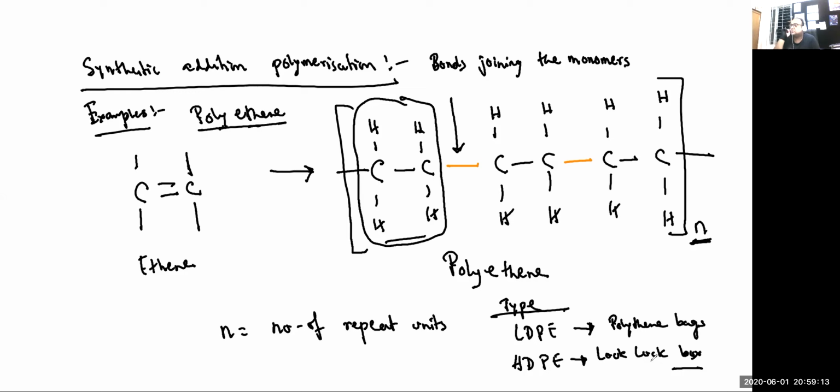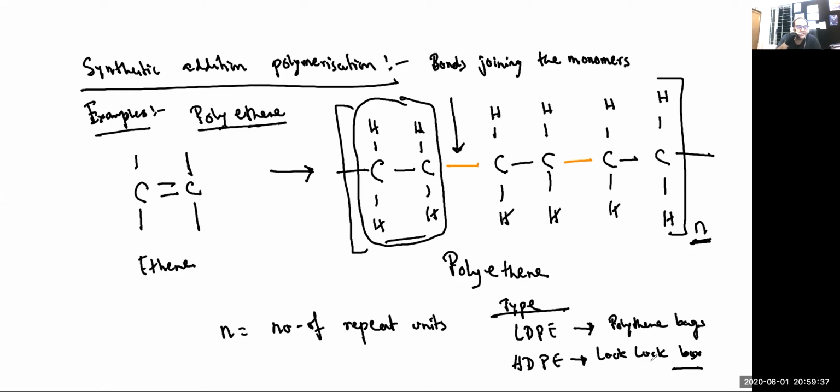Sir, could you repeat? Yeah, sure. What's your question? About the low density and the high density polyethylene. So low density polyethylene means that per unit volume, you have less number of ethene.